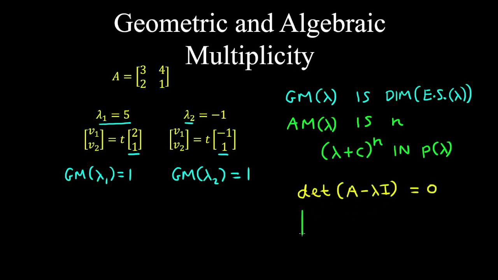So what we have is the determinant of A minus lambda I. So we subtract lambda from the diagonal entries, and we obtain 3 minus lambda by 1 minus lambda minus 4 by 2 is 8.